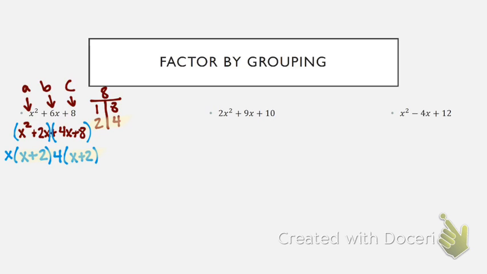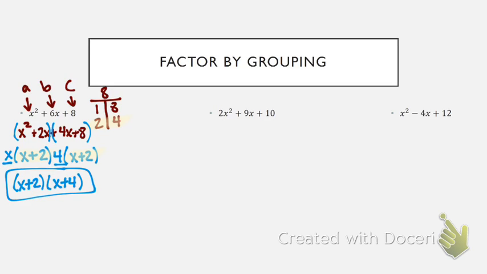Then when I write my factors, my first factor is what happens twice, which is x plus 2. The second factor is what's outside the parentheses, so I have x and a 4. And that's my factored form.